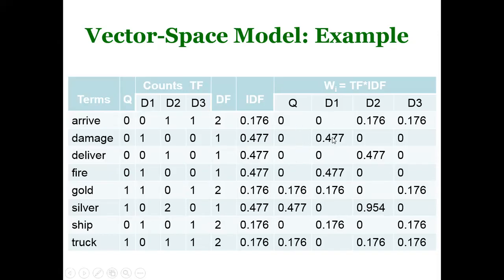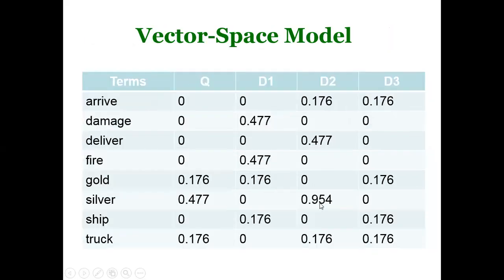D1 is represented by 0, 0, 0.477, 0, 0, 0.477, 0, 0.176, 0, 0.176, 0. Then we are calculating the similarity between the query using its vector against D1, D2, D3 using their vectors. Then we are trying to compare Q with D1, Q with D2, Q with D3.